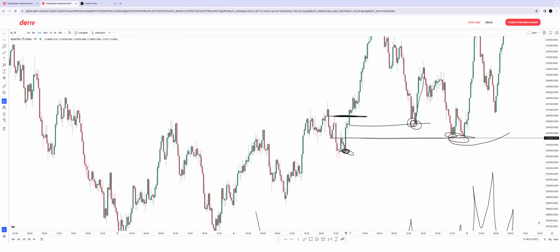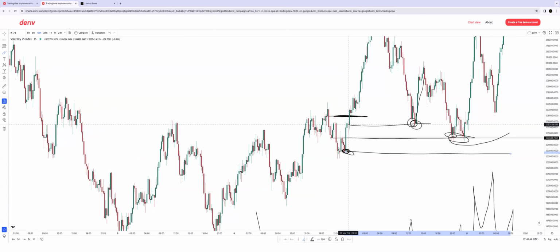But till now, I can say that this is our invalidation X right here that wasn't respected, but this invalidation X right here was respected, and price came back to respect our invalidation point right here. Now, have I answered your question? I'm super sorry if I'm intrusive.